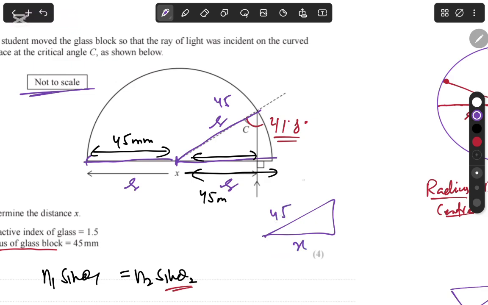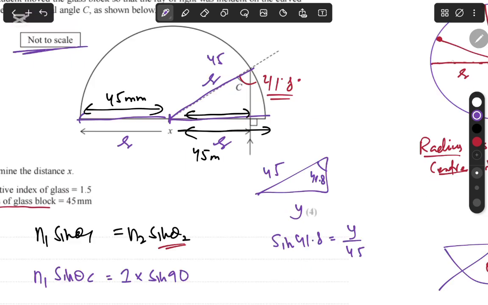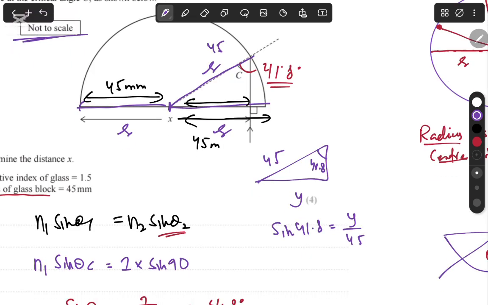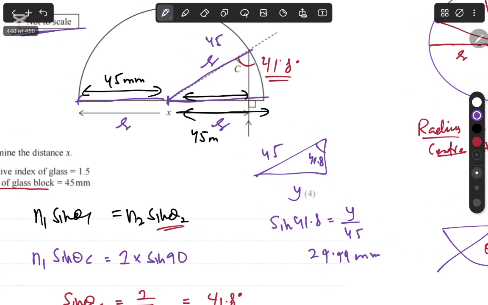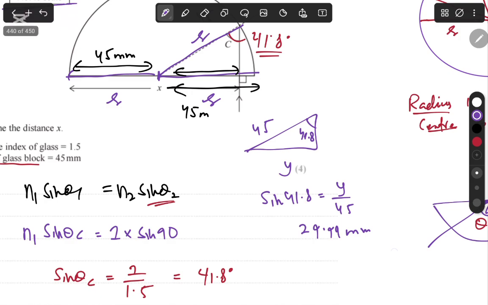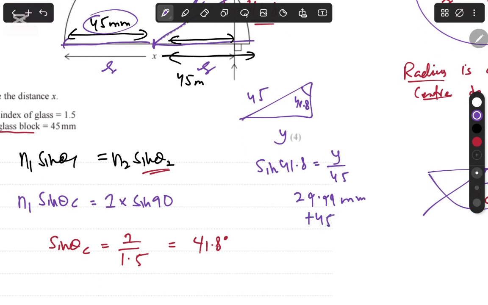This is x. Let's call it y, and this is 41.8. So then we can find y. Our y is going to be 29.99 millimeter. Then we can just add it to 45 to get x. So plus 45, and we get 75 millimeter as our final answer.